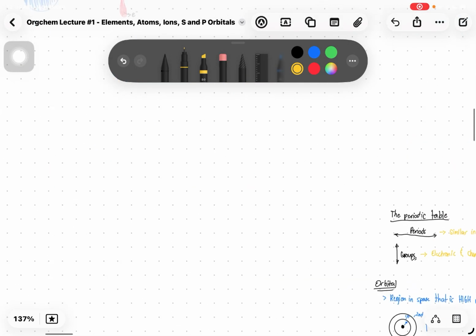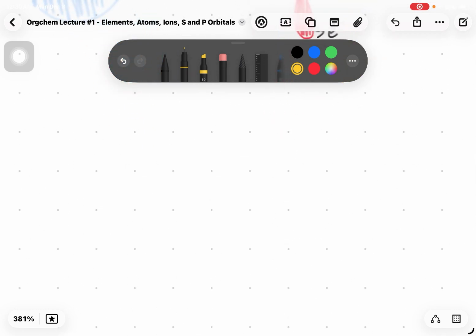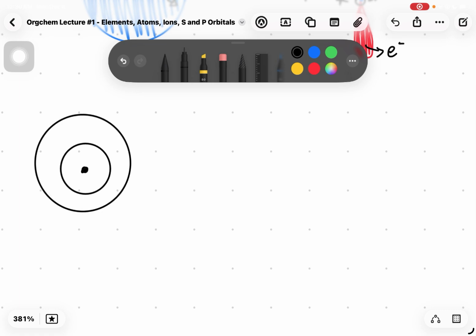The last thing we need to know is what's on the outermost orbital of an atom. Let's say this is our atom, this is the first orbital, and this is the second orbital. Now, in this outermost orbital, we can find things known as valence electrons.